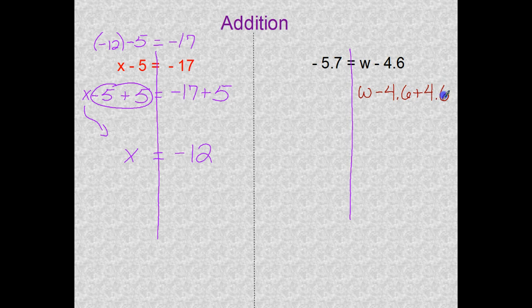There's my addition of 4 6/10, and I also do it on the left side. On the right, we end up with positive 1w, and then on the left, I have to do a little addition of negatives.